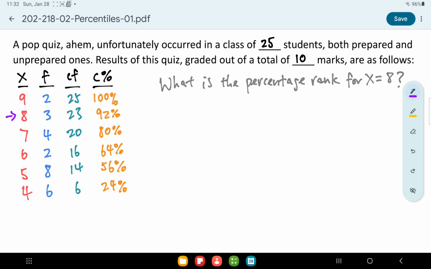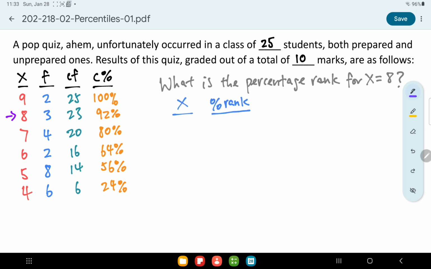that x equals 8 falls in the range between 8.5, which is the upper real limit of x equals 8, and 7.5, which is the lower real limit of the category x equals 8.